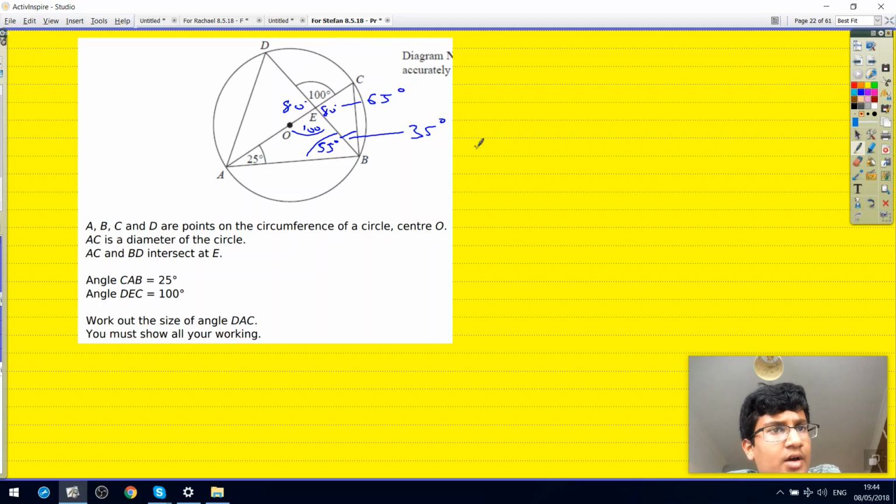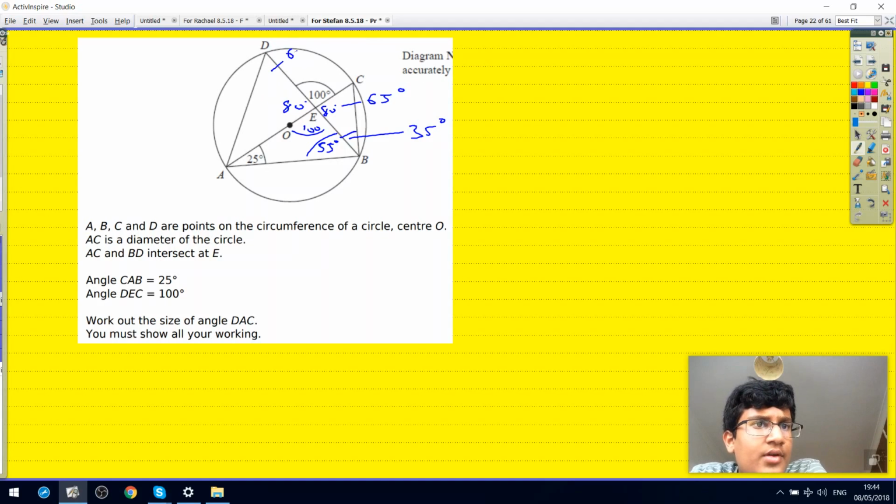Okay. So if we know that angle, was it the alternate segment rule? I don't think this would be the alternate segment rule. No, I see the other one. So then angle ADE would be 65 degrees.